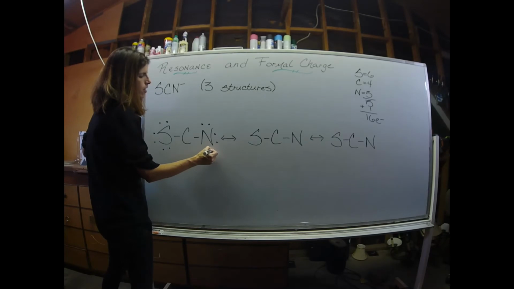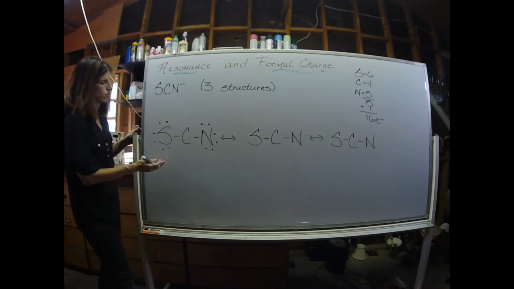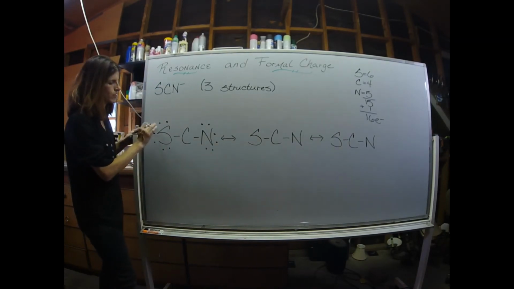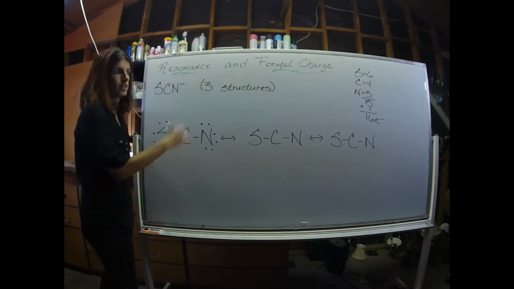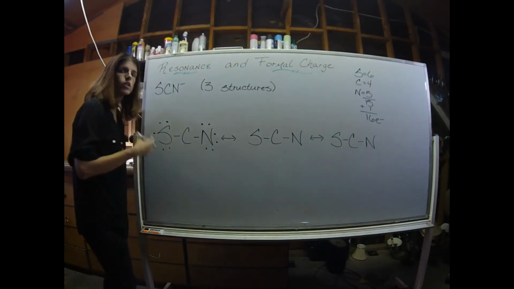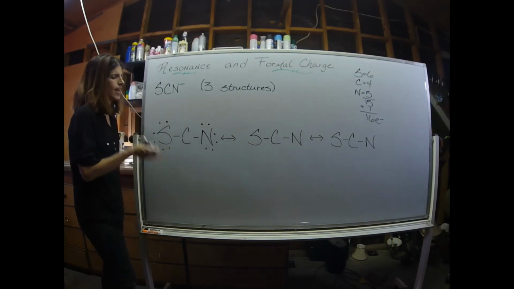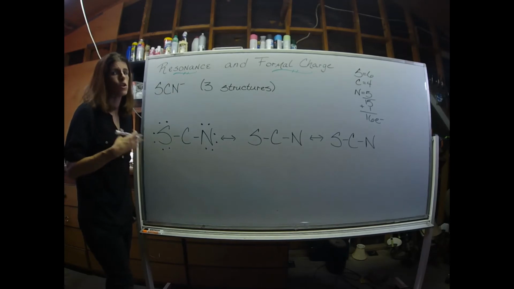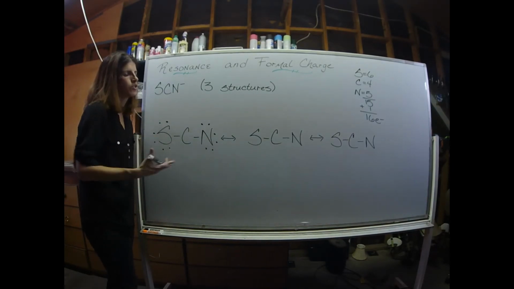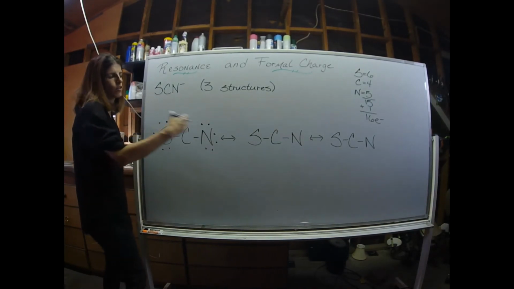I'm giving it another 6. And I'm looking at this: 2, 4, 6, 8, 10, 12, 14, 16. I only have 16 electrons and I've already used all 16 and the octet on carbon is not satisfied. So I don't have enough electrons to go the single bond route.